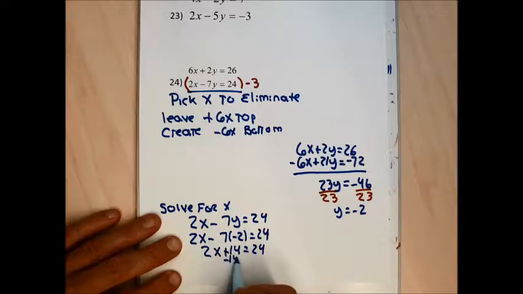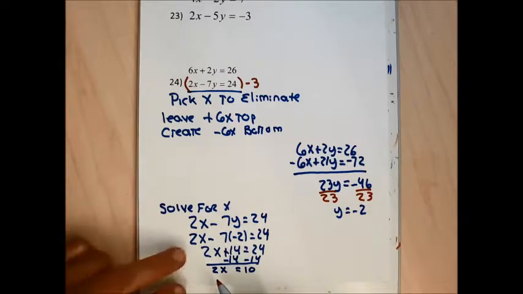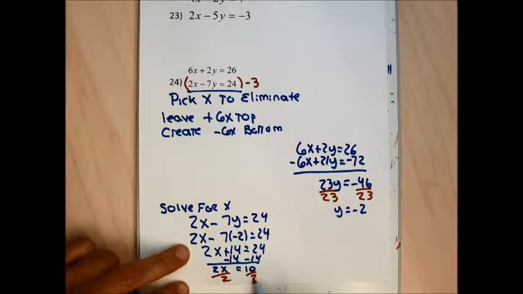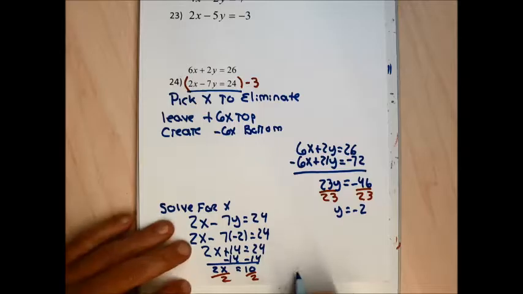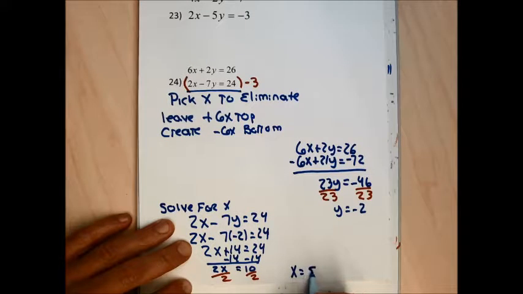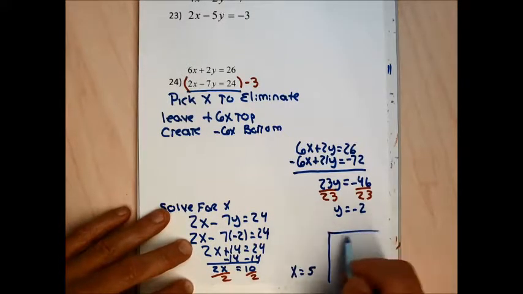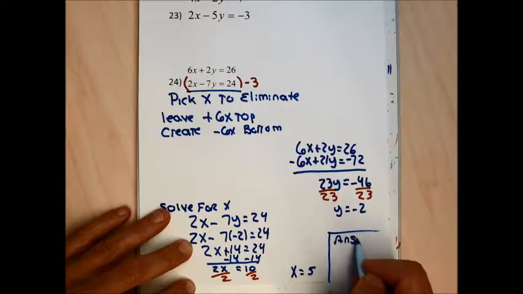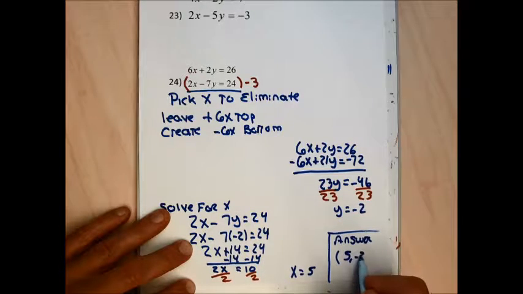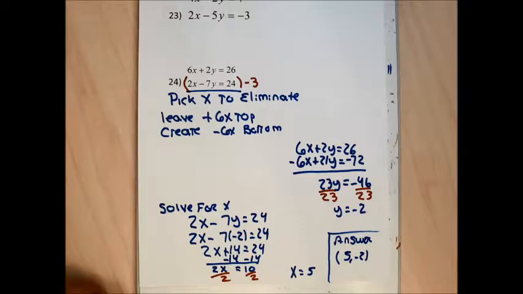I'm going to minus 14 from both sides. That will give me 2x equals 10. And then divide by 2, and get x equal to 5. When I go to write my answer, I write it as a point. I write the x first, which is 5, and the y second, which is negative 2. Kind of checked it in my head and it works fine.